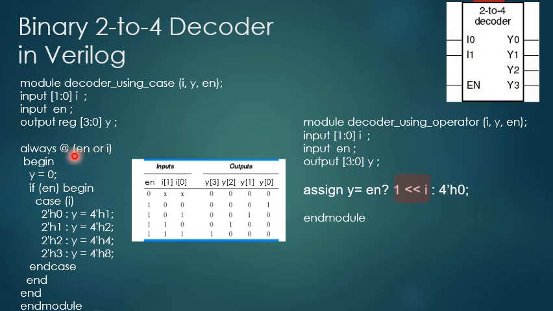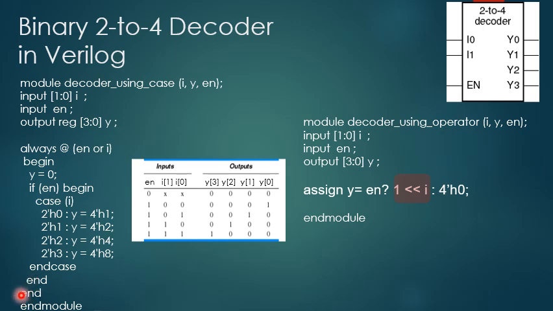That's why you can put here enable or I, or you can use the later way where you just use a comma instead of or: enable comma I. Okay, so under this always block, because it has two statements, you need to enclose the statements with begin and end here.